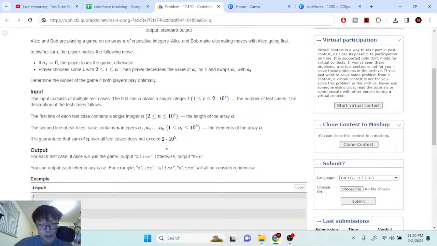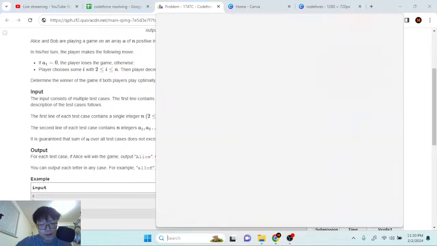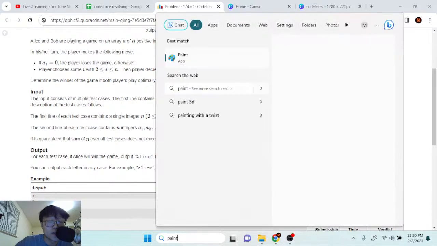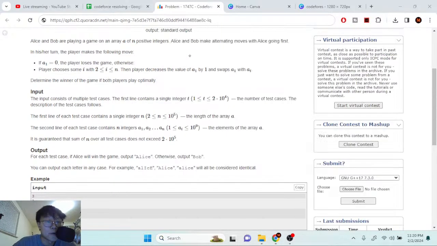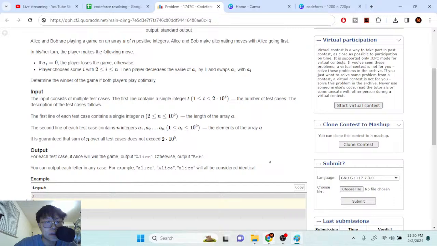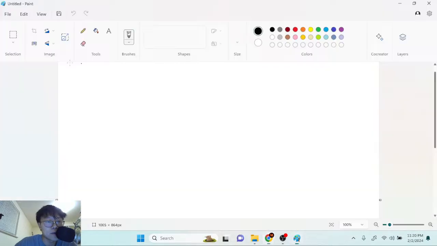For these, personally, I think the only way is to come up with an example, because there's no way I would know what to do just by looking at this. I'm going to guess that when A1 goes to 0, the player loses the game.